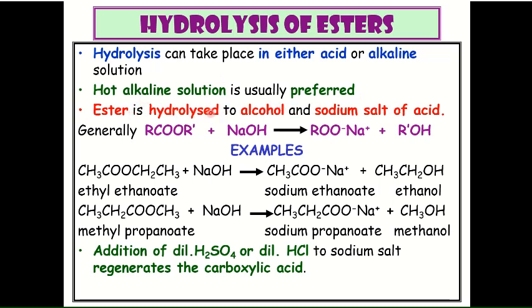And then the ester is what we call hydrolyzed because it reacts with water back to alcohol, and because it's in alkaline solution, it doesn't form the carboxylic acid, it forms the sodium salt of the acid if you use sodium hydroxide. And this reaction comes into its own in the making of soap, because you can take long chain naturally occurring esters which occur in animal fats and some vegetable fats as well, and you can hydrolyze them in alkaline solution.